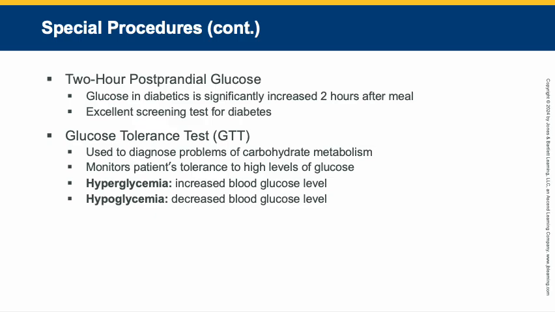There are two kinds of disorders they can catch with this glucose tolerance test. It may be that if your glucose level is increased, that's hyperglycemia, and that would be a case of diabetes. Or some people have hypoglycemia, which means their glucose levels are low.